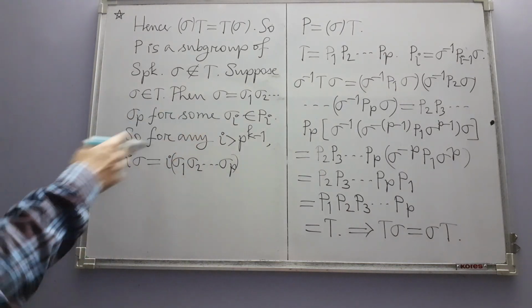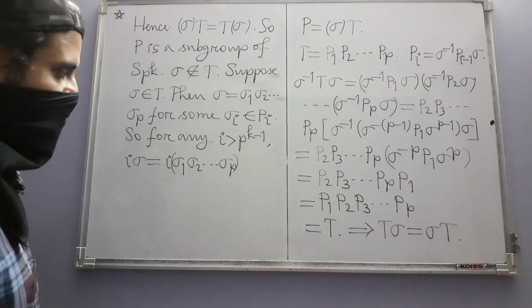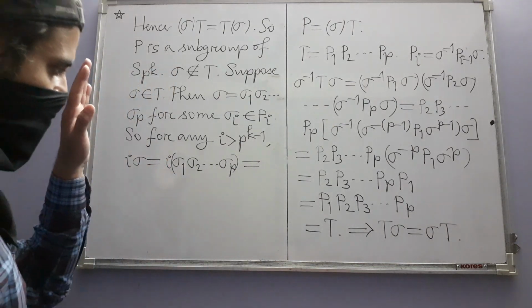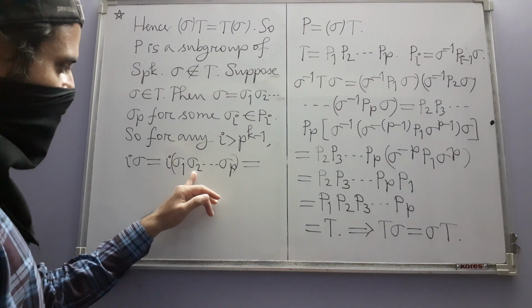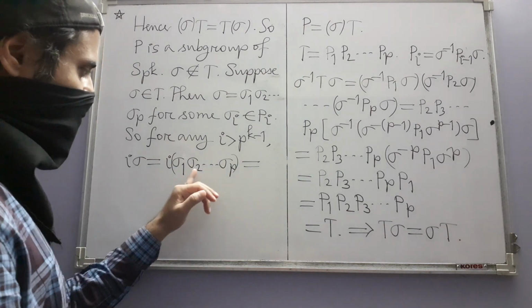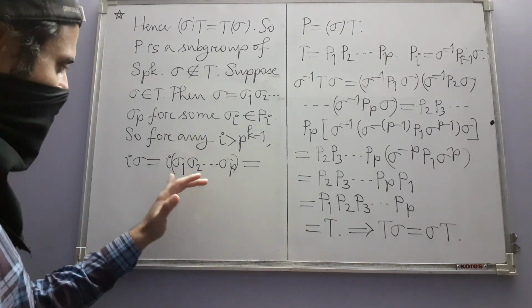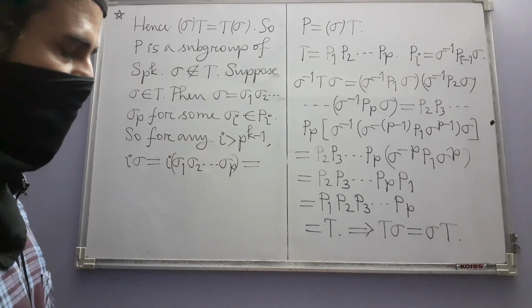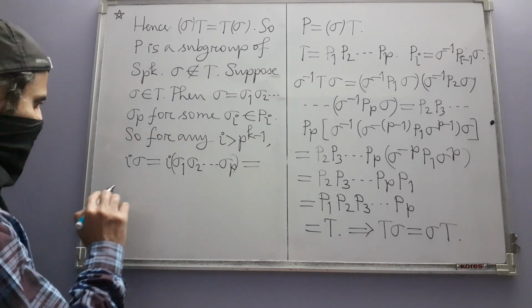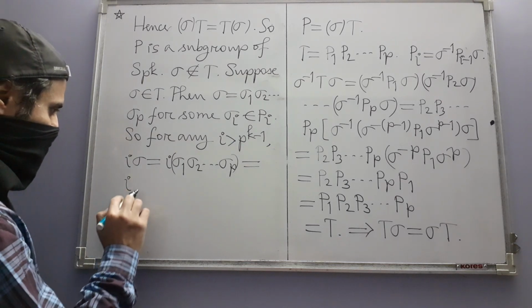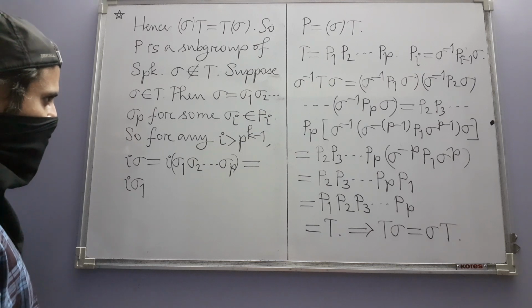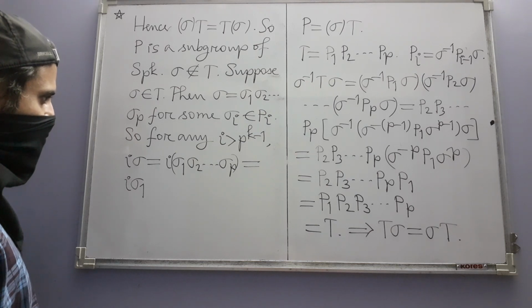But because all these sigmas commute among themselves, and these other sigmas, sigma 2, sigma 3 up to sigma p, they do not have any effect on this I. Okay, so that is why this is equal to I sigma 1.